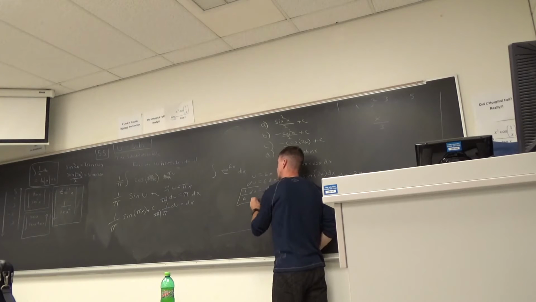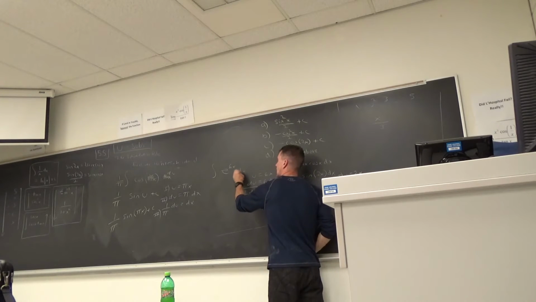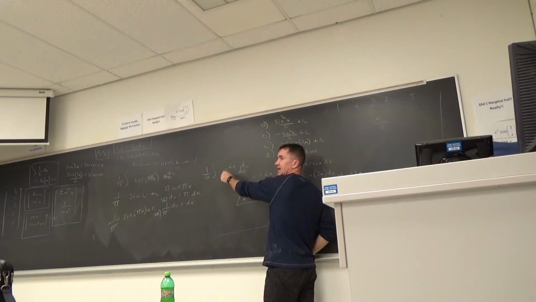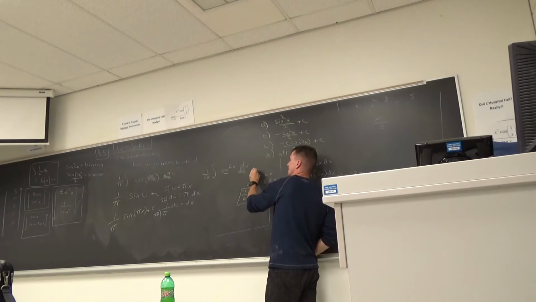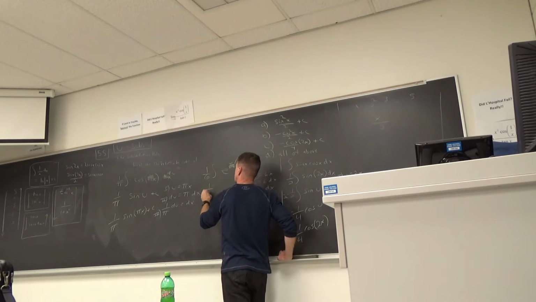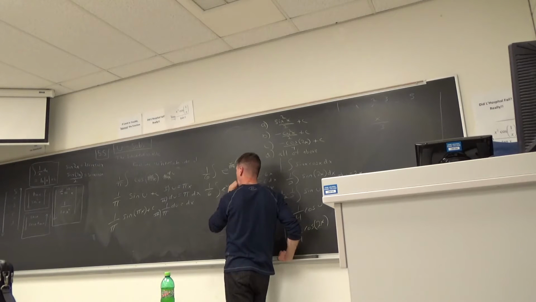The 1/6 du. Bye-bye. Leave the e, but what knocks out that 6x? The u. Now what was u? There you go. Ta-da!